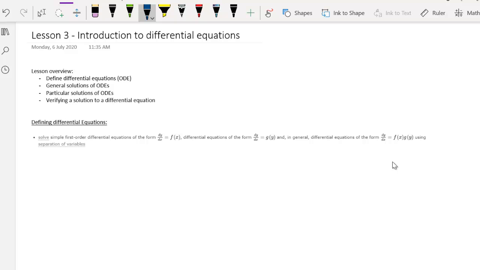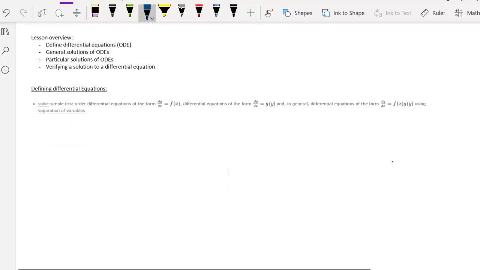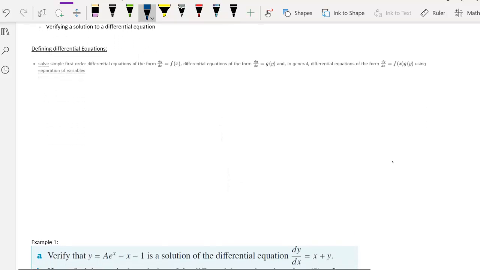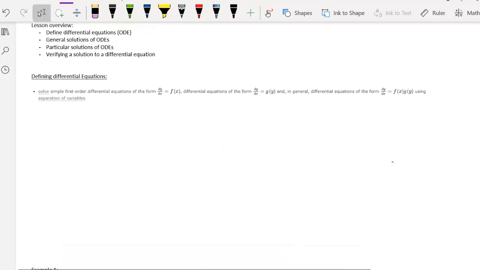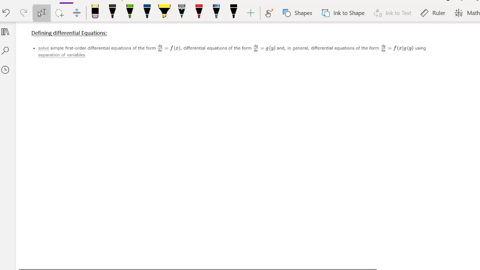Okay, so to start with, we'll look at defining these differential equations. Now, what's important initially is to understand the scope of our syllabus. So in Queensland, the dot point that refers to solving differential equations is: solve simple first order differential equations in the form dy/dx = f(x), dy/dx = g(y), and in the form f(x)g(y) using separation of variables.